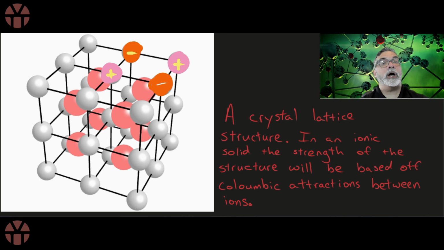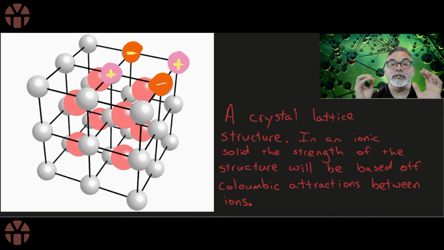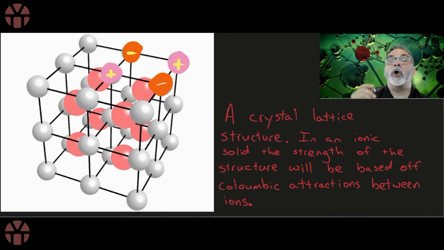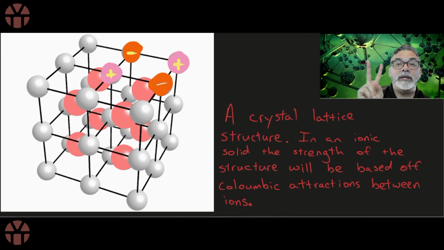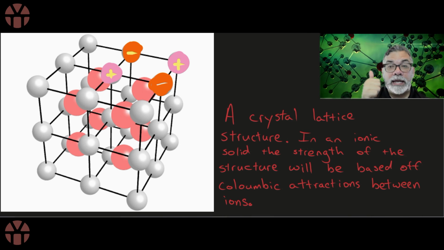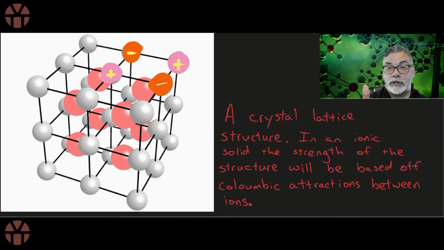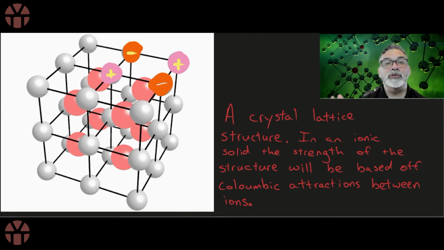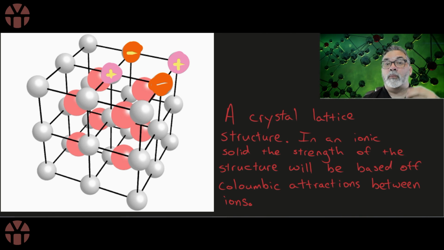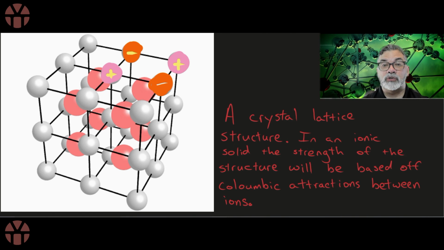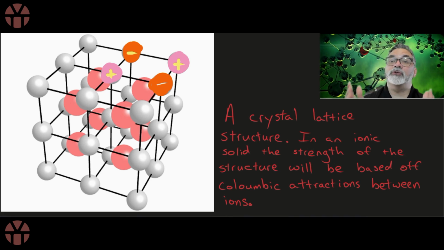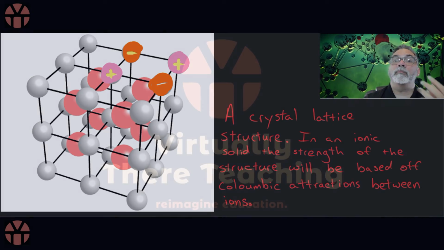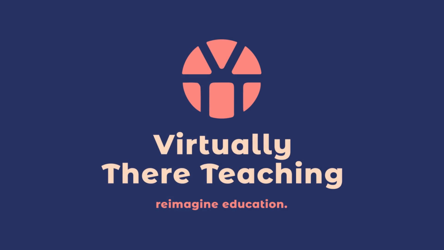So when we talk about ionic solids and this crystal lattice structure, we're oftentimes going to be taking two things into account. What is the size of the ions in question? And then number two, what is the differential in their charge? So +2 and -2 will tend to be more attractive than +1, -1.